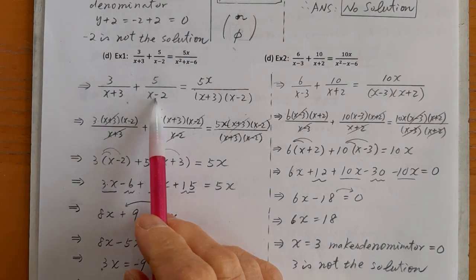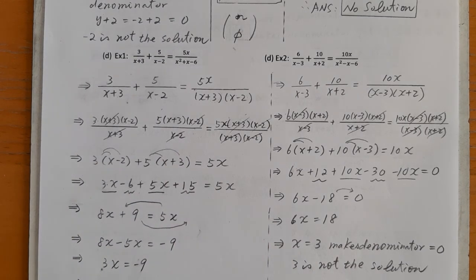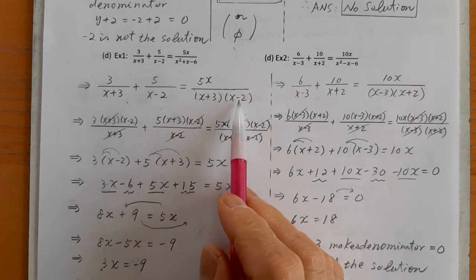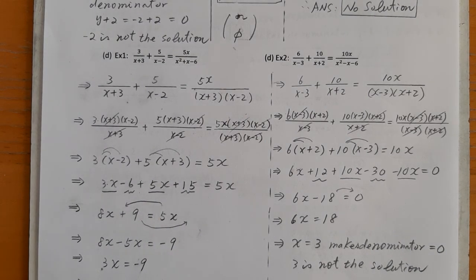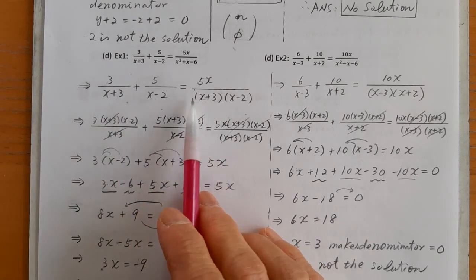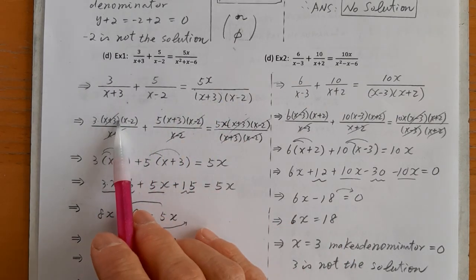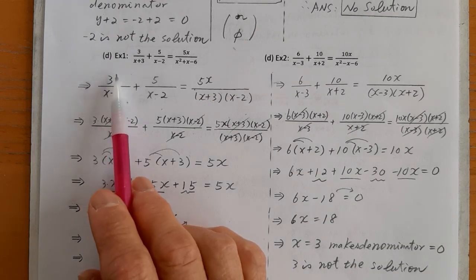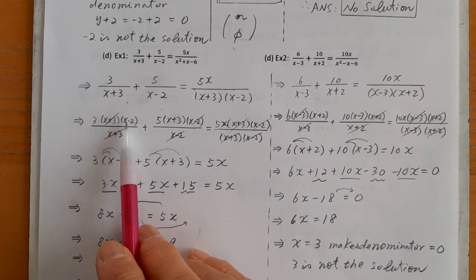Then for the three denominators, find the least common denominator, which is x plus 3 times x minus 2. So then you multiply each term by x plus 3, x minus 2.